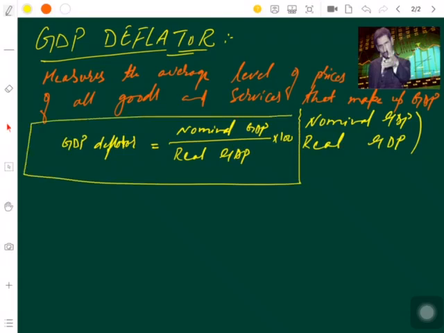So GDP deflator is nominal GDP by real GDP multiplied by 100.